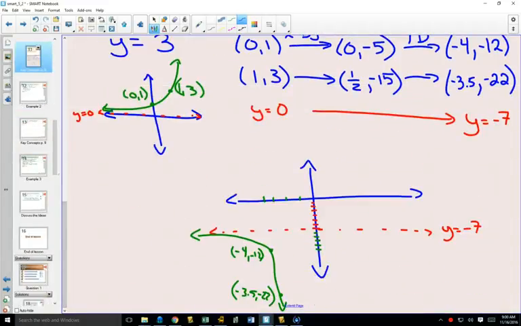Next, you'd hit your +4, which would move it 4 to the left. And finally, you would have your -7, which would move it 7 down. Does that seem to be the same shape that we got in the end? Yes. So sometimes when I'm done a transformation graph, I sort of re-go through each of the transformations and just imagine what that would do to the graph, just so that I can see, does the general shape of my final graph match with what I have? And in this case, yes, it does.